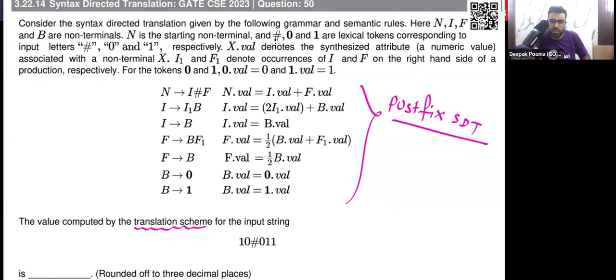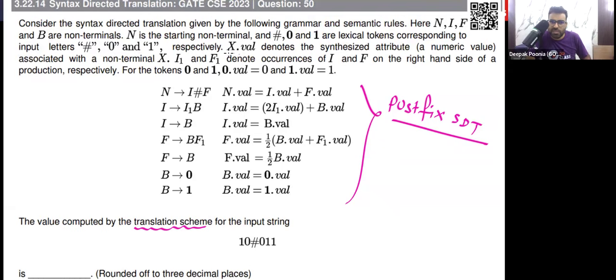Hash, 0, 1 are the lexical tokens corresponding to input letters hash, 0, 1. That means for these letters in your input string, we generate these tokens hash, 0, 1.